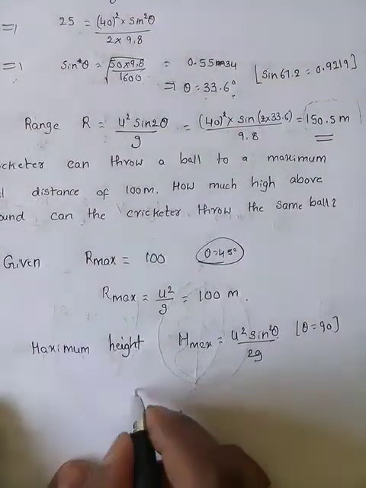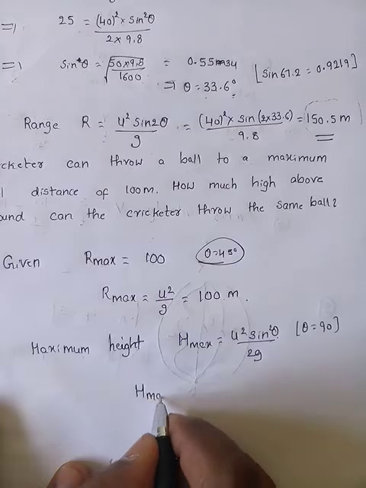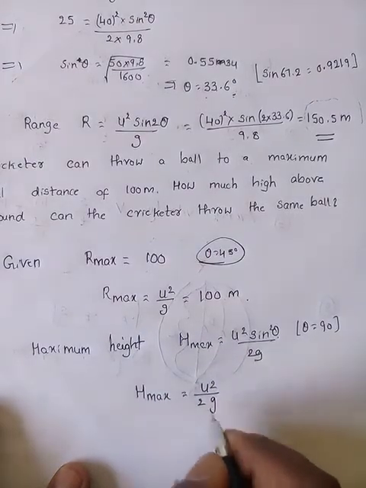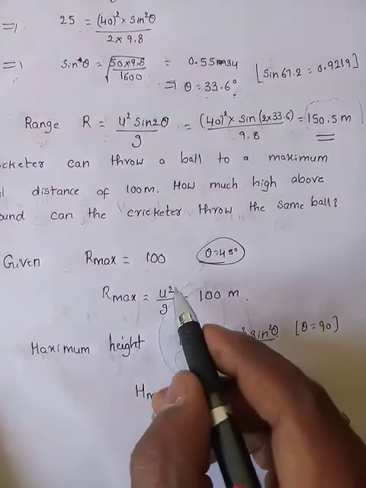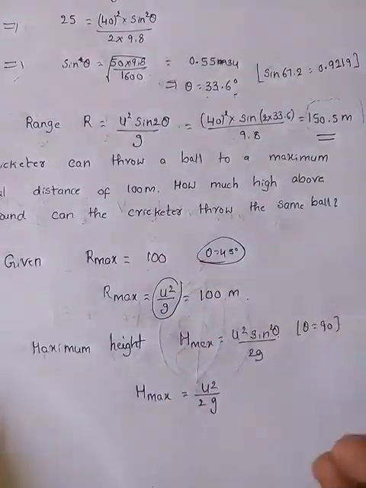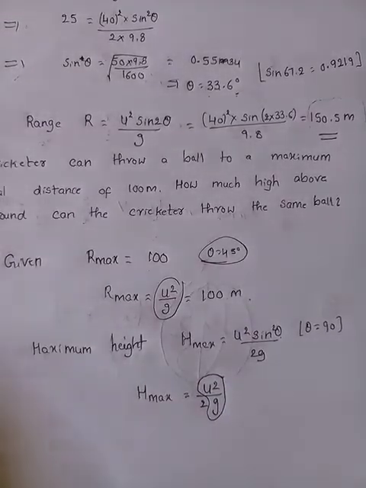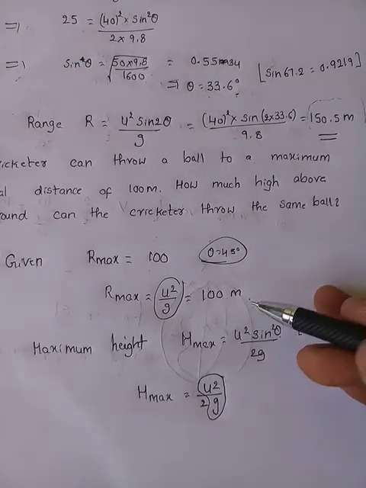So, what do you get? The maximum height formula becomes u² / 2g. In the given question, they have given that u² / g is 100. Here also u² / g is there. Instead of u² / g, what can we substitute here?